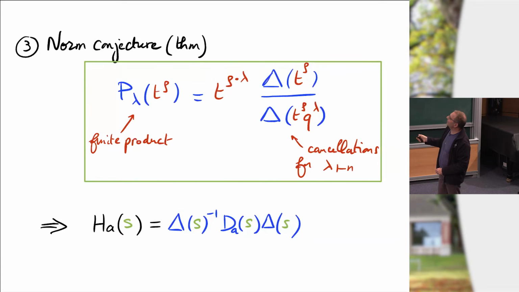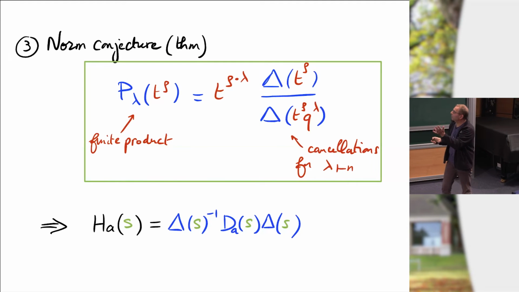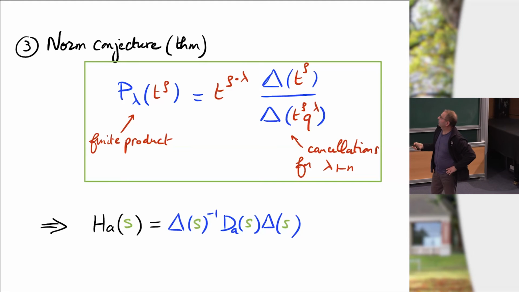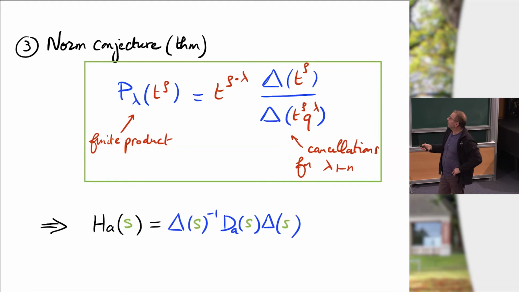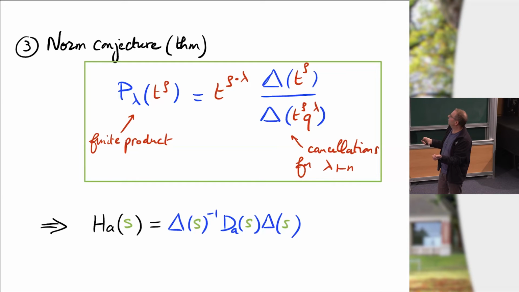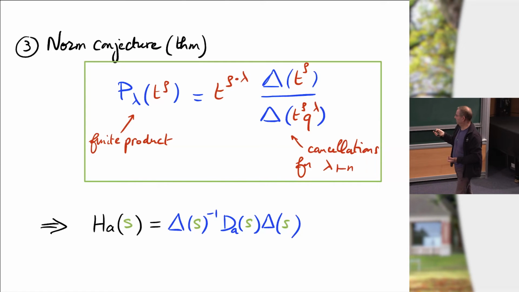But this guy is actually a finite product, and this ratio of deltas, when lambda is integer, is also a finite product. It's a ratio of two infinite products, but with many cancellations. Okay? So you can rewrite the Hamiltonian as just the conjugation of the Macdonald operator by this infinite product delta. All right.